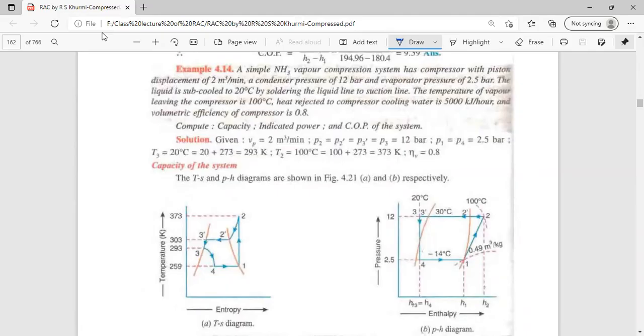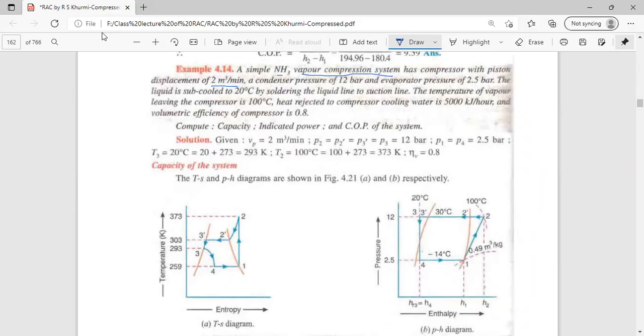So, a simple ammonia, NH3, vapor compression cycle system has a compressor with piston displacement of 2 cubic meter per minute, which means the volume delivered by the compressor is 2 cubic meter per minute of the refrigerant itself.